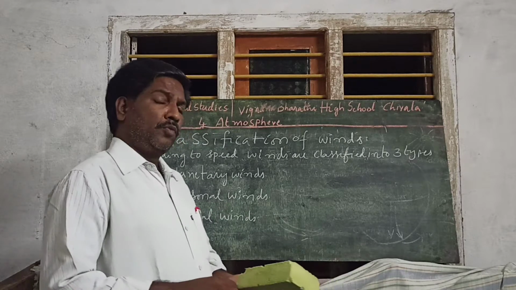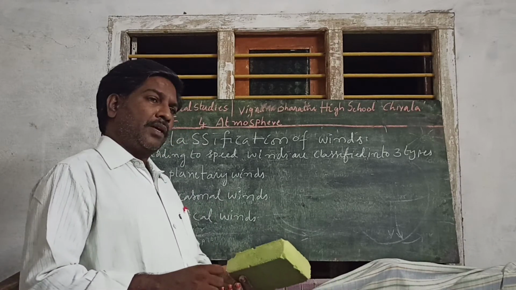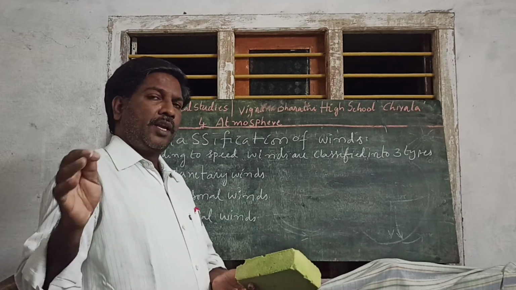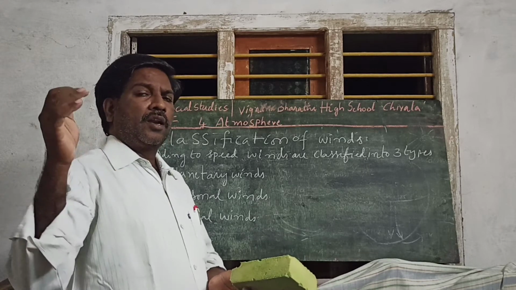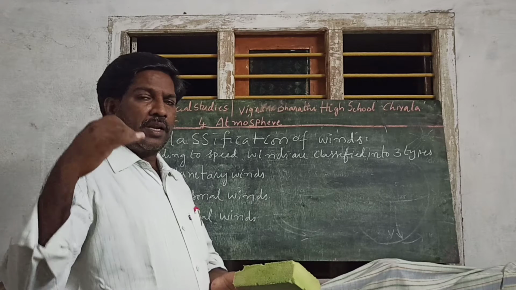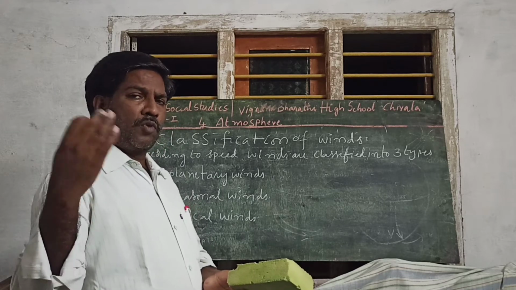Wind is blowing throughout the world. Wherever there is any type of area, whether water, ocean area, or the surface of the land, whatever it may be, wind is blowing commonly.